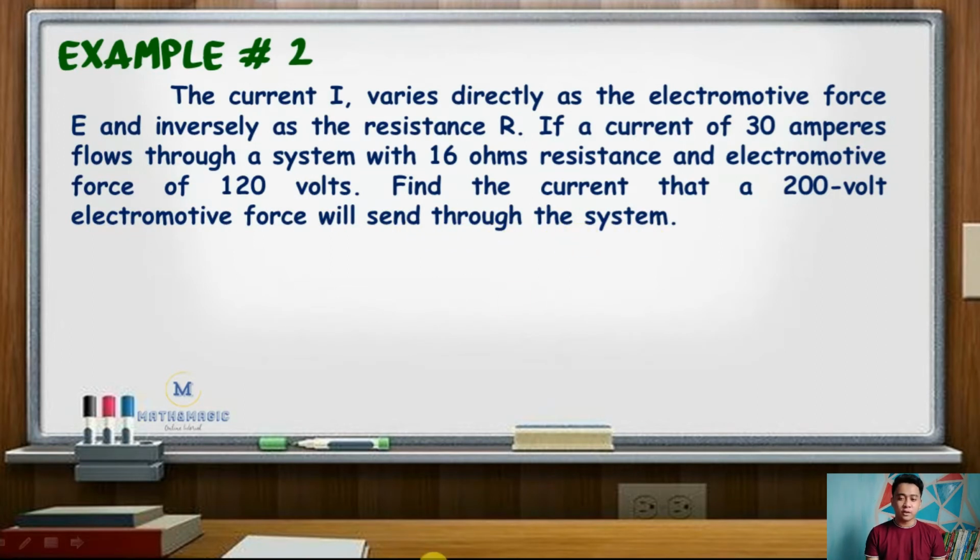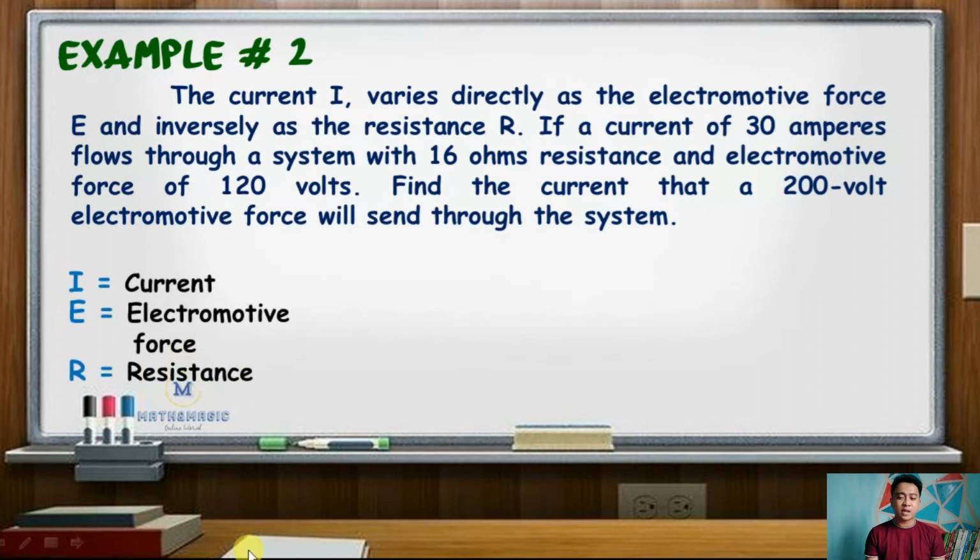For the solution, we will first form the equation. It is stated that the current I is directly proportional to E and inversely proportional to resistance R. The equation will be I equals KE over R.